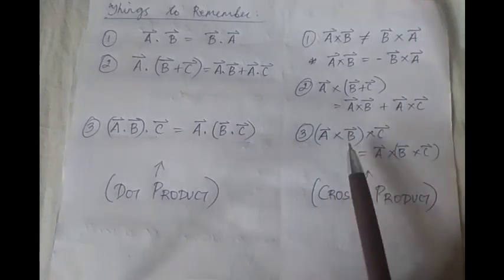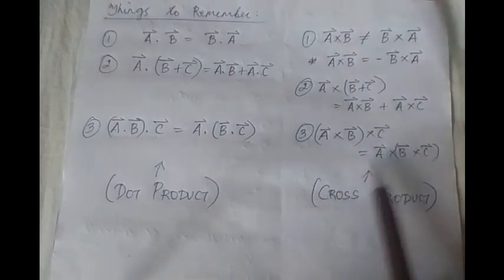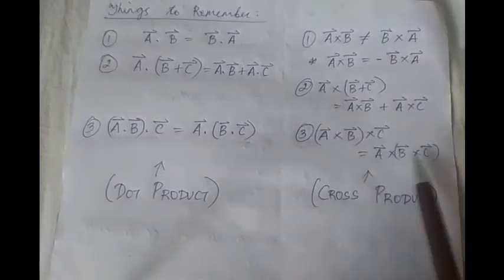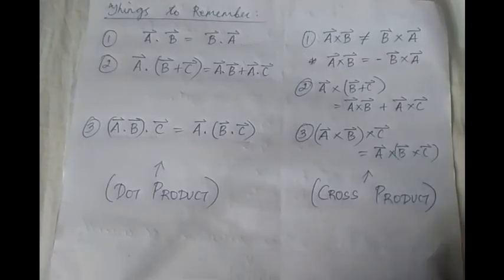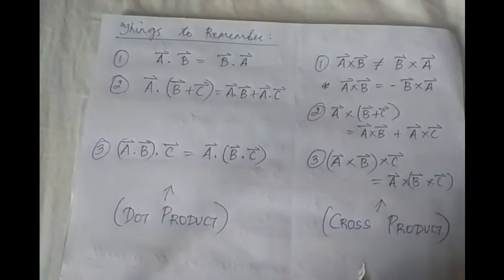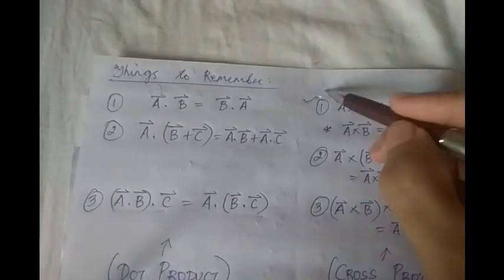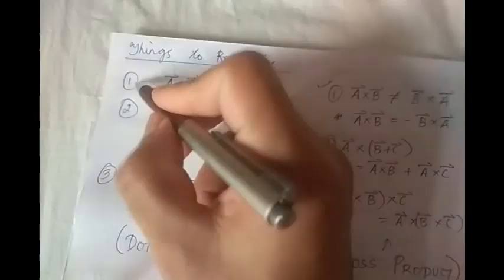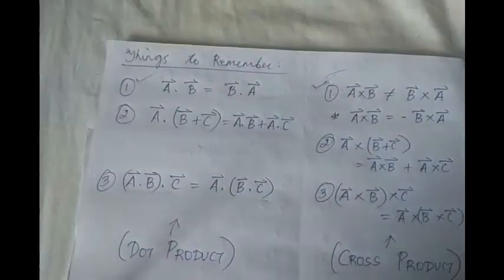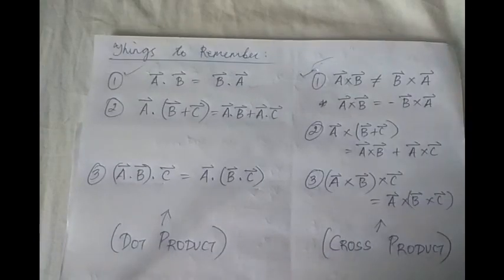Cross product is also associative. A cross B cross C is the same as A cross B cross C. You can check this, you can verify this yourself. Out of these laws, the commutative law is very, very important, remember, because dot product, as you can see, is commutative in nature, whereas cross product is not commutative in nature.